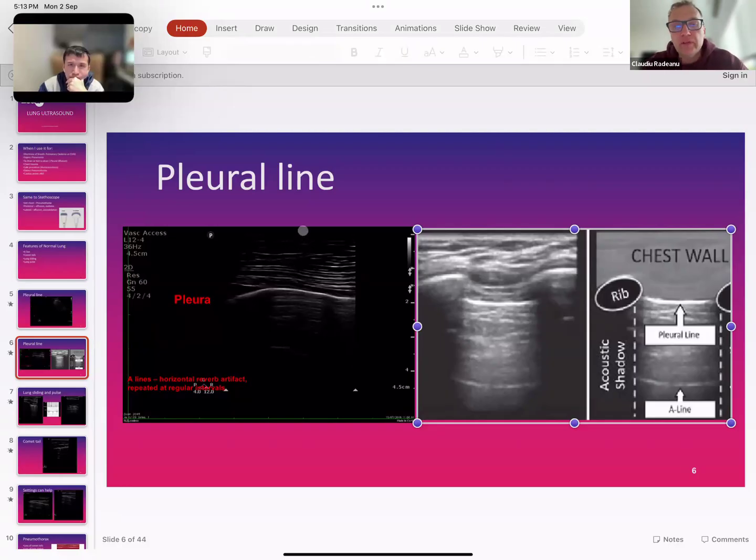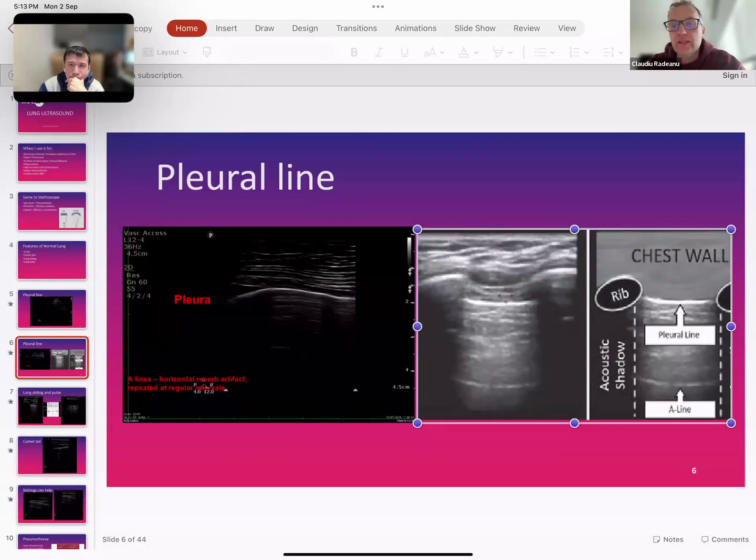And therefore the mirror effect is, it feels like the ultrasound wave goes even further. But when it hits the air, it bounces back and it hits the pleura, then comes back again. So the ultrasound wave is coming back towards the pleura, and then bounces back to the air, and then bounces back towards the pleura.